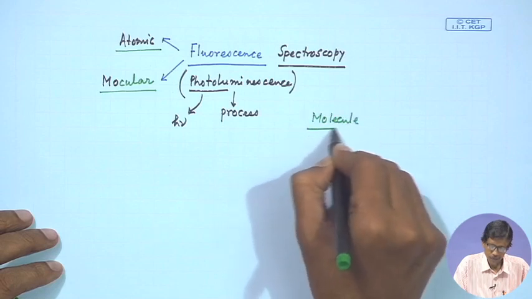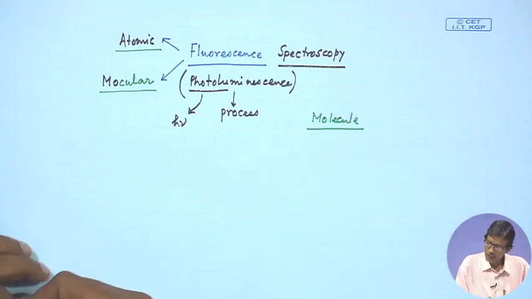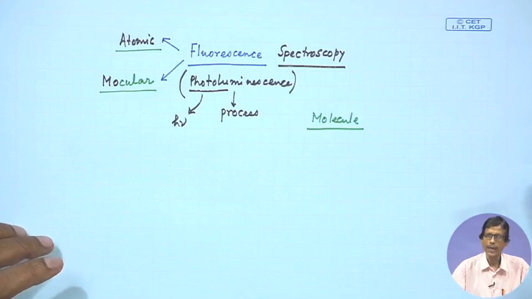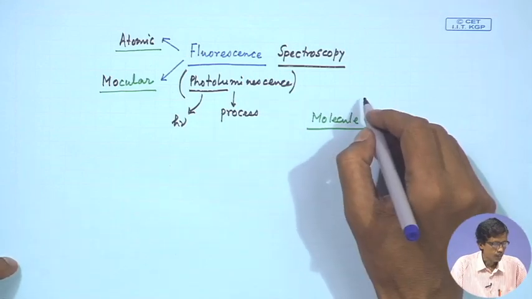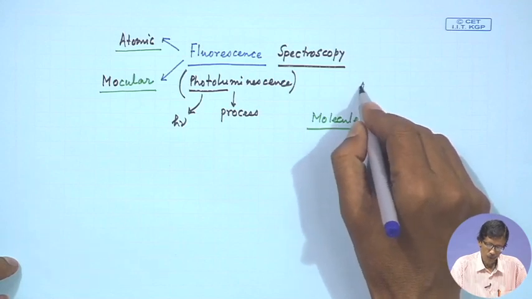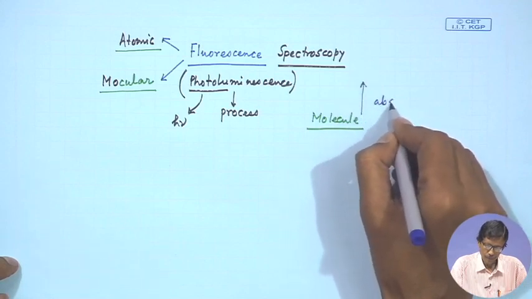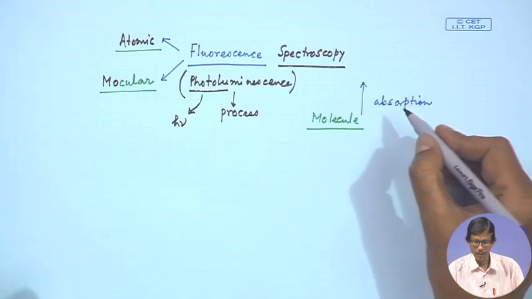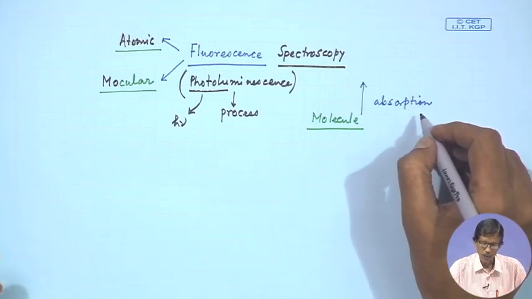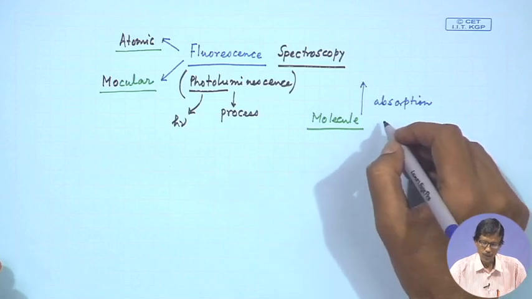some molecule. And one thing we have seen so far is the electronic absorption spectroscopic technique, where, when a molecule goes for absorption, any colored material, any colored metal ion or any organic molecule absorbs.